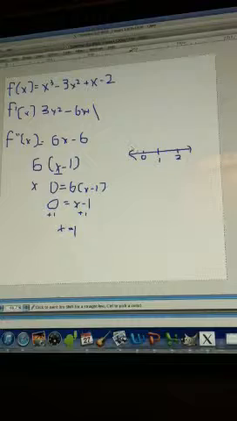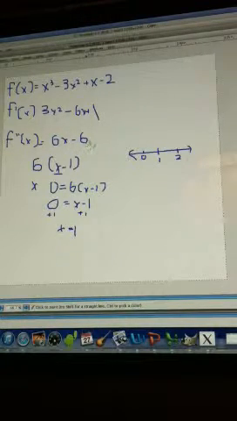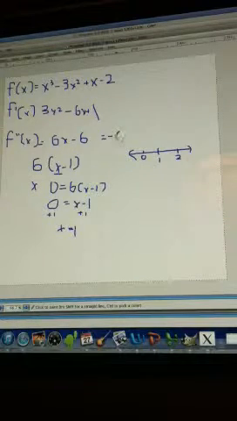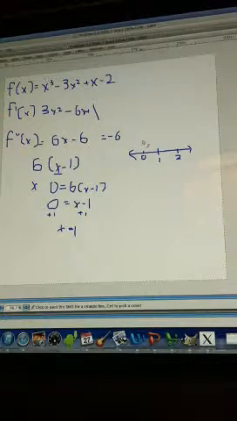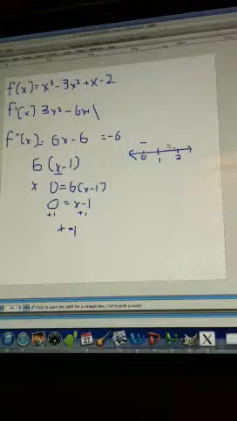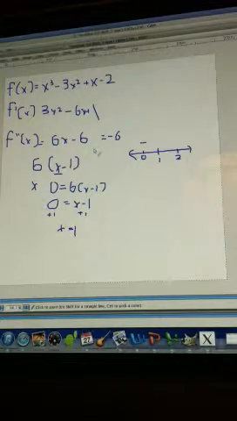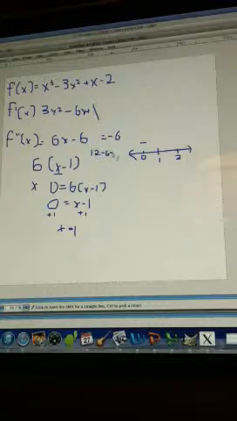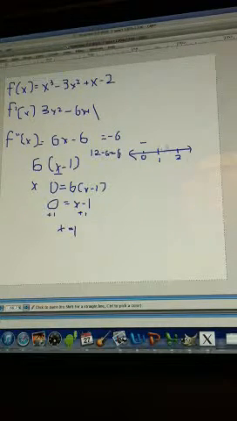When you plug 0 in, you get 0 minus 6, which is negative 6. Negative. When you plug 2 in, you get 12 minus 6, which is positive 6. Positive.